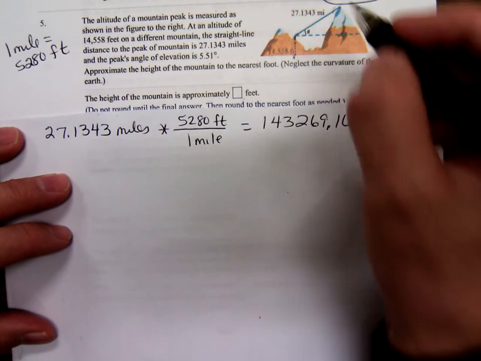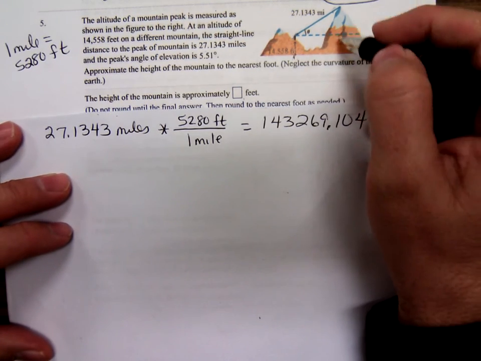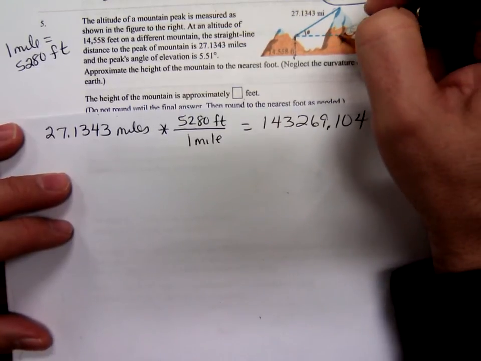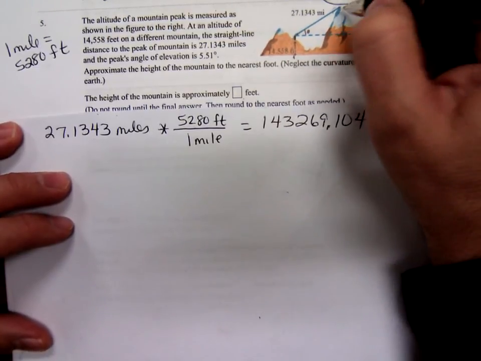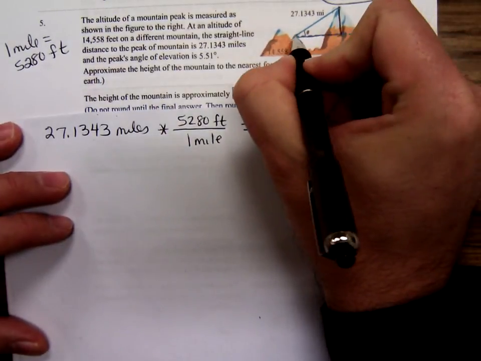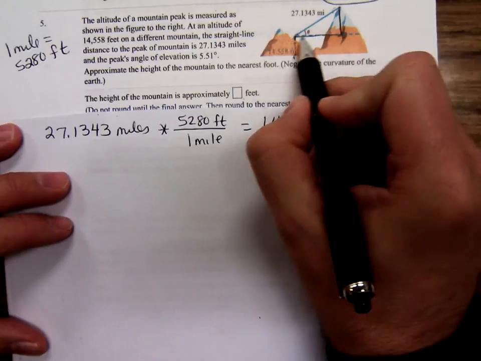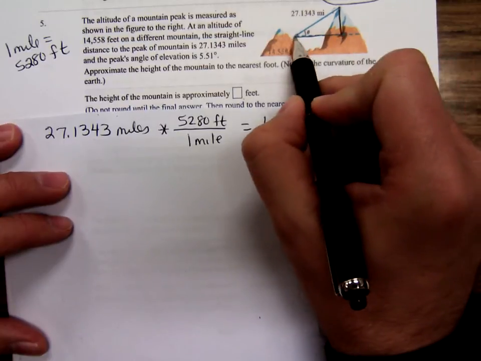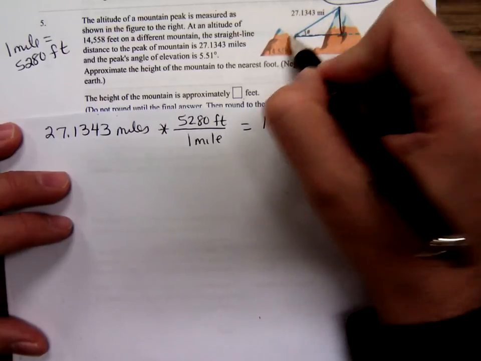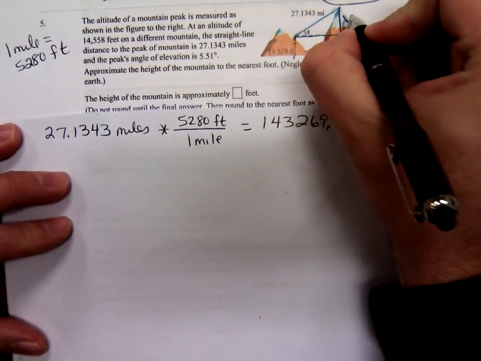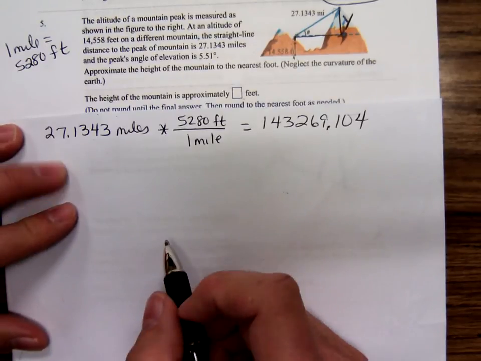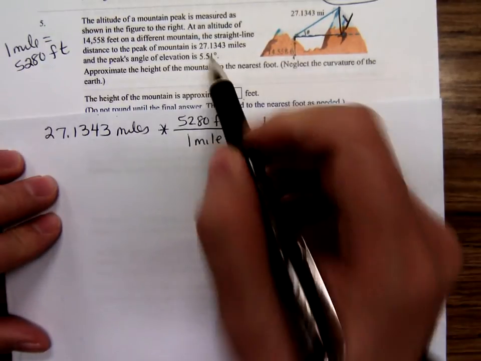So, actually, I think that's the only tricky part about this one. If we want to find the rest of this height here, look at the triangle we have. We don't know this side here, but we know the hypotenuse. So I'm just going to call this vertical y. And theta is 5.51 degrees. Let me blow that triangle up.